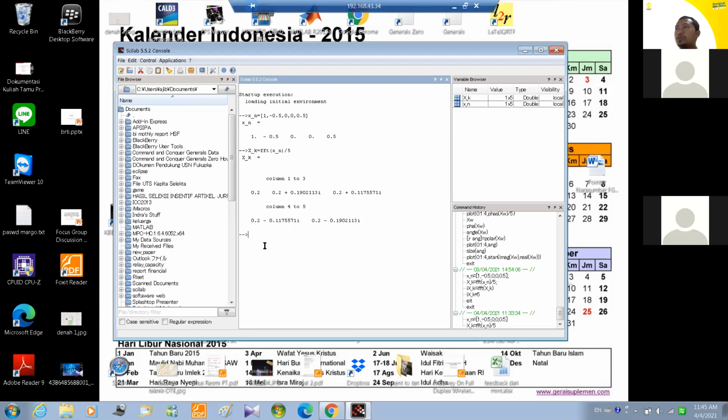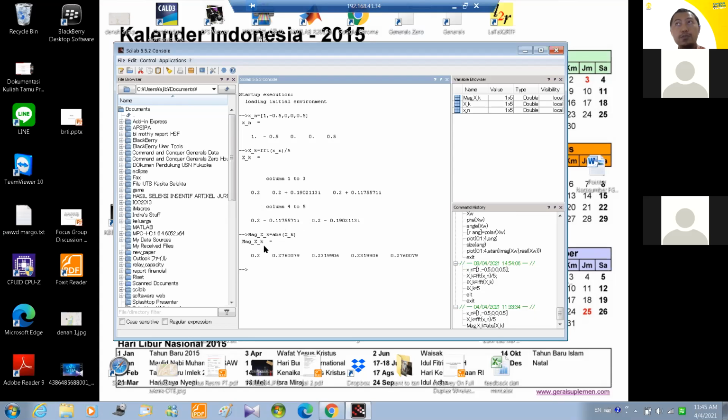And then we want to compute the magnitude component of Xk. Let's say the magnitude of Xk, we can write like this, and the command that we use is the absolute of Xk. And then let's plot it to check whether it's correct or not.